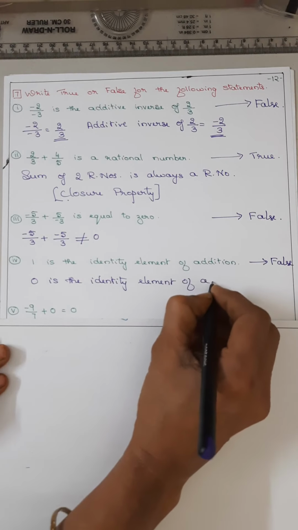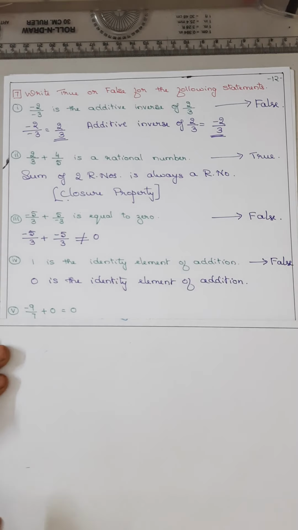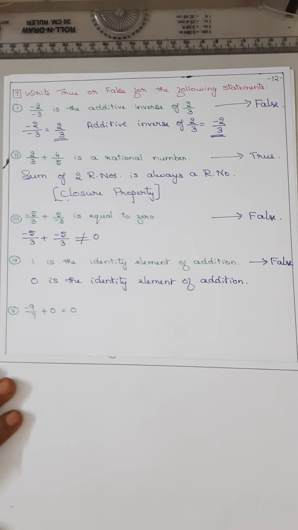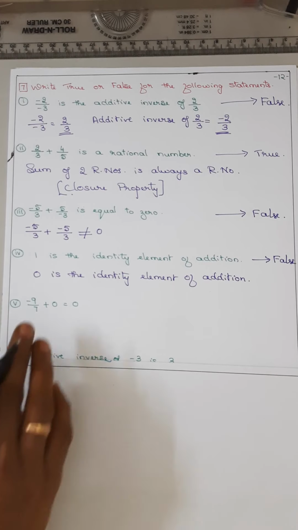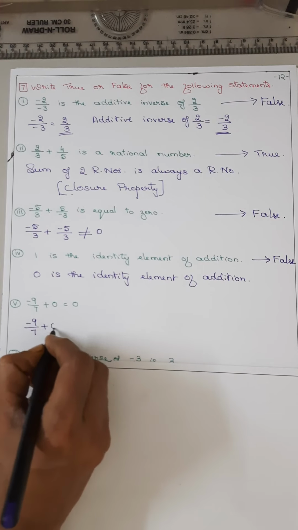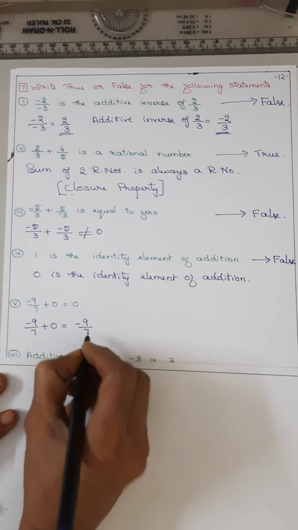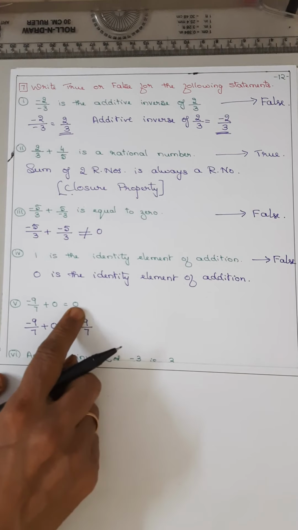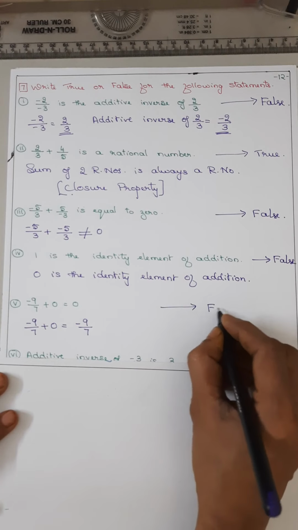Identity element का मतलब क्या है? 0 को ऐड करेंगे तो आंसर the same रहता है. Okay. Now coming to the fifth sum, minus 9 by 7 plus 0 remains the same rational number. So here it is given 0. That means this is again false.